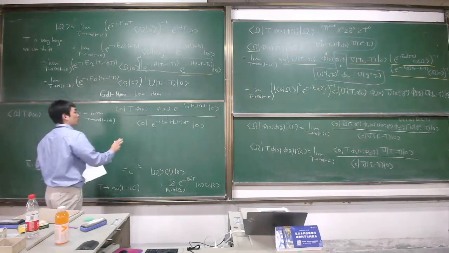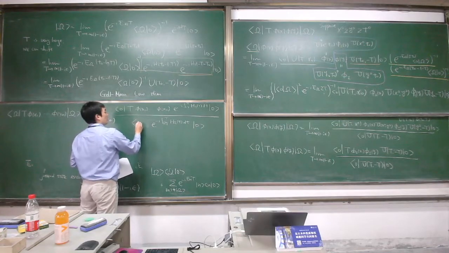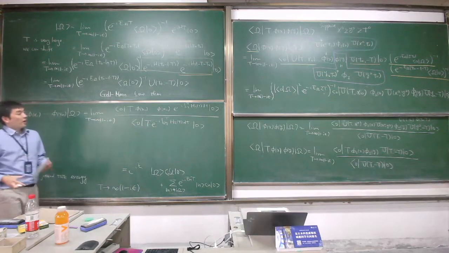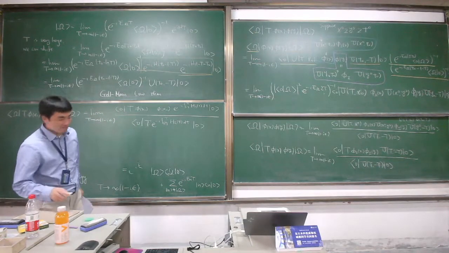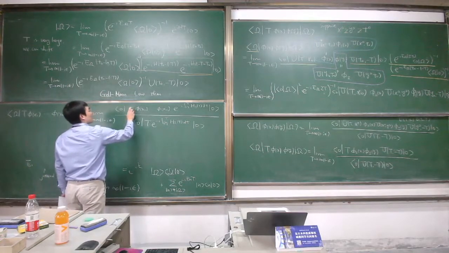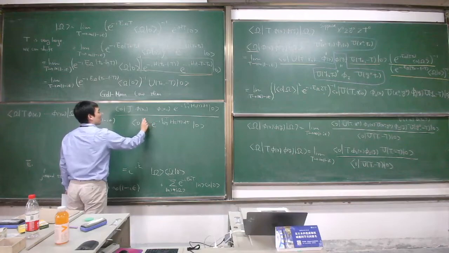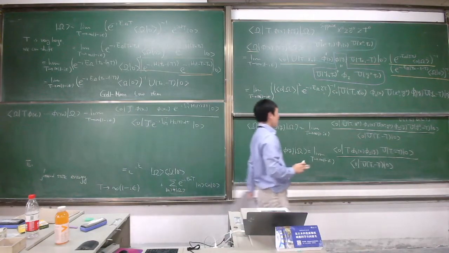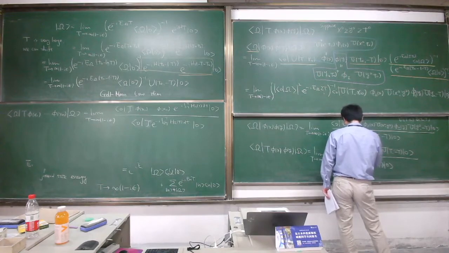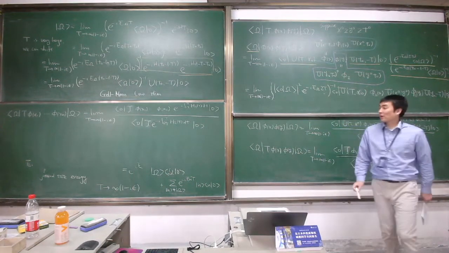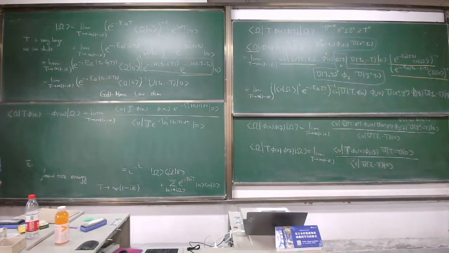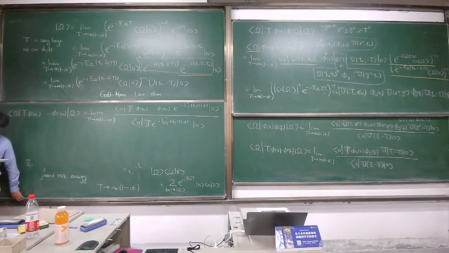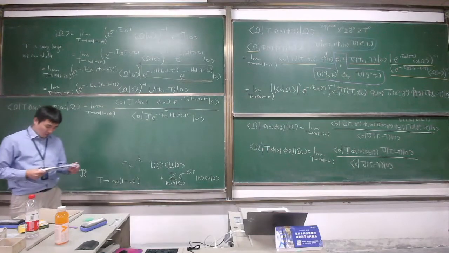And I think I should put the time-ordering symbol here, sorry. Be careful, this T is not the time t, sorry, this is time ordering. So maybe I should use some fancy notation, something like this. Maybe time ordering in a fancy font. So be careful, this is not time t. I think in the lecture notes it's the same font, and maybe I should change the time-ordering notation a little bit. Sorry.